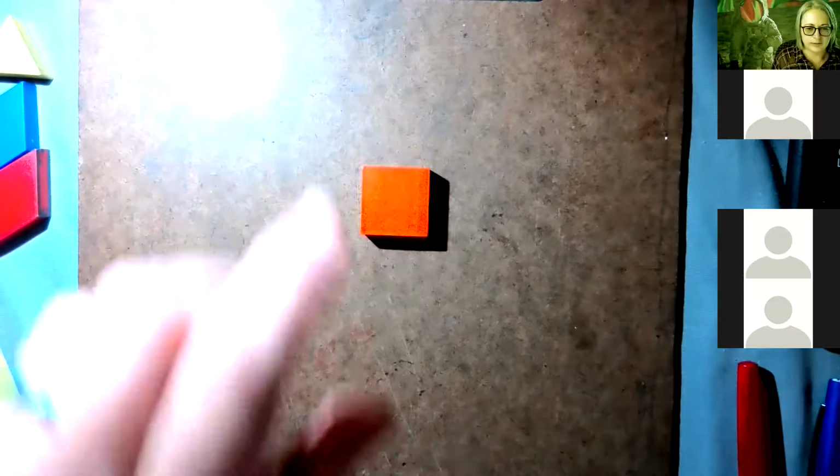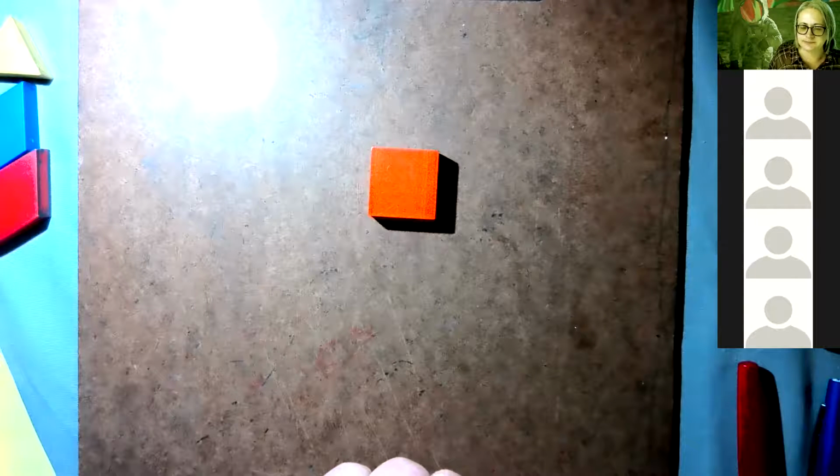Okay. All right. So now we're going to take a look at, got my little shapes right here. Can someone tell me what the name of this shape is? Just go ahead and say it. Quadrilateral. It's a quadrilateral. What else can we say it is? Square. It's also a square.